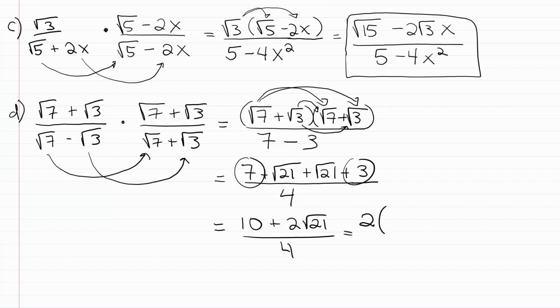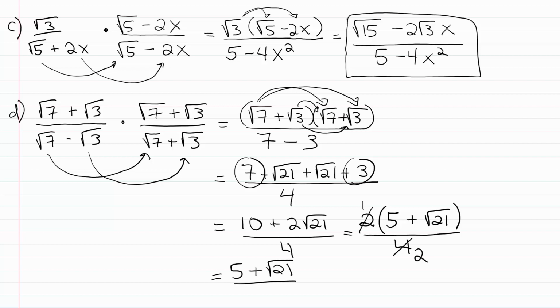So we can factor out a 2. 2 goes into 10 5 times, and it goes into the 2 in front of the square root of 21 1 time, just leaving you the square root of 21. And then the denominator has a 4 in it. Last thing we need to do then is to divide both the 2 here by itself, giving it a 1, and the 2 into the 4, giving you a 2. So my new rational expression becomes 5 plus the square root of 21 all over 2.